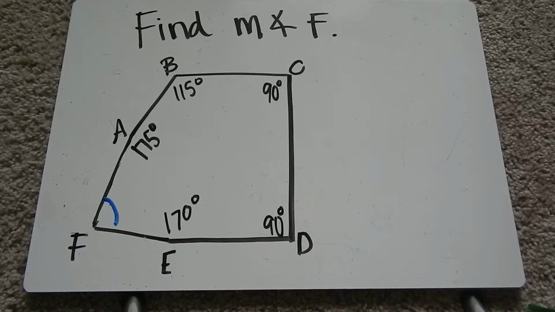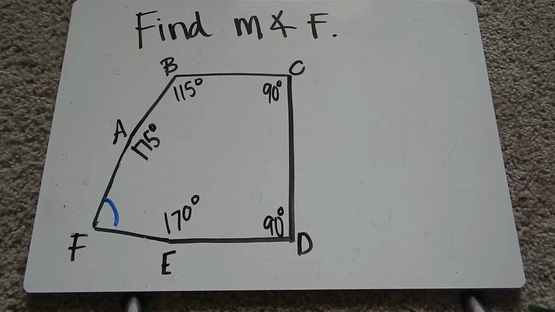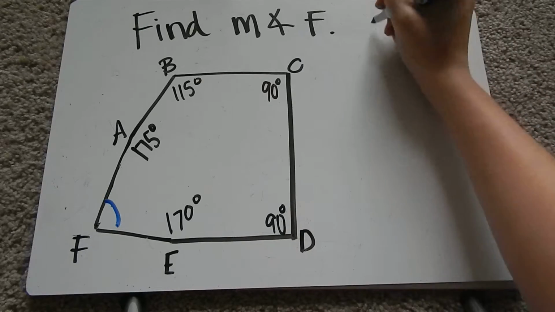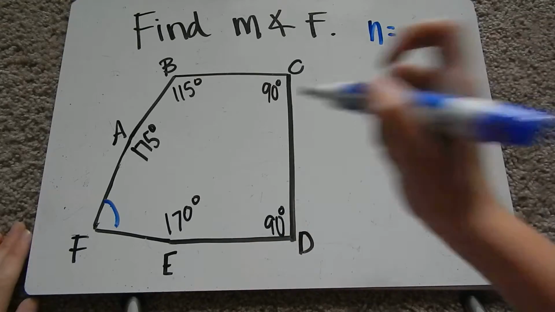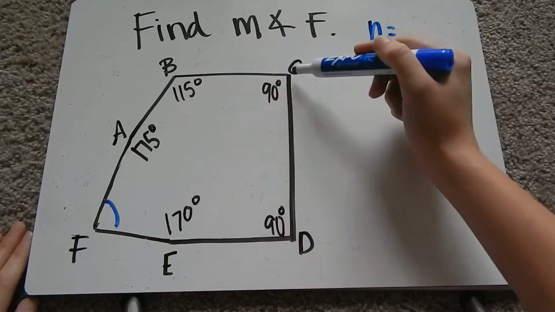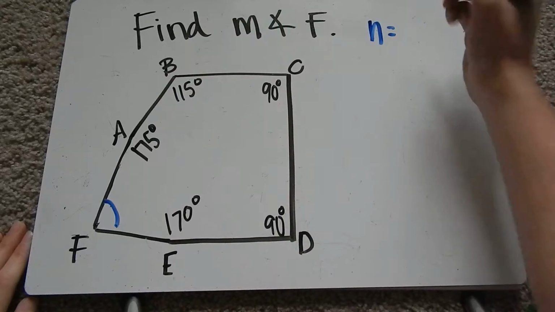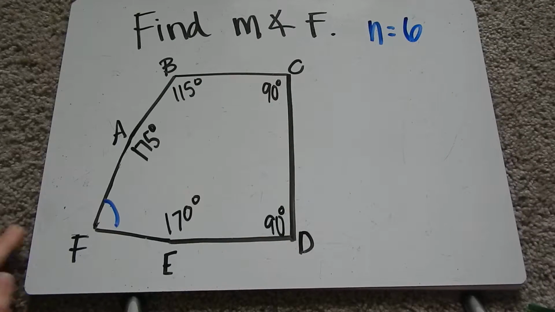Moving on. This next example wants me to find the measure of angle F, which is right here. I have the measures for every other angle, A, B, C, D, and E. I just want to find F. So the first thing I need to do is figure out what the sum of all these angles is. Let's count the number of sides. That will be my n. I have 1, 2, 3, 4, 5, 6. So this is going to give me 6 sides.